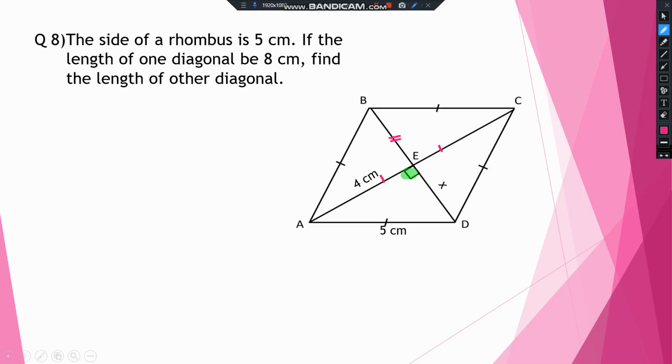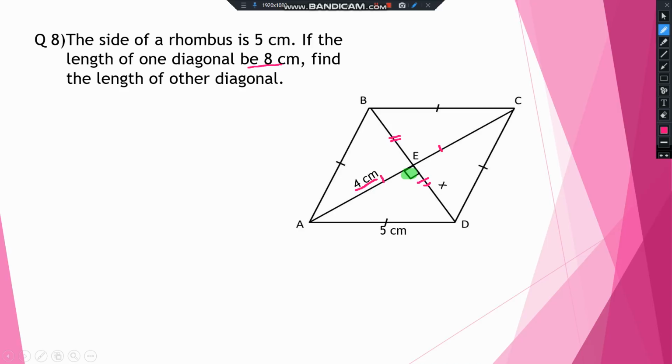So the parts denoted by double lines are equal. Since the length of one diagonal is given as 8 cm, suppose AC is 8 cm, so AE will be half of it, 4 cm.